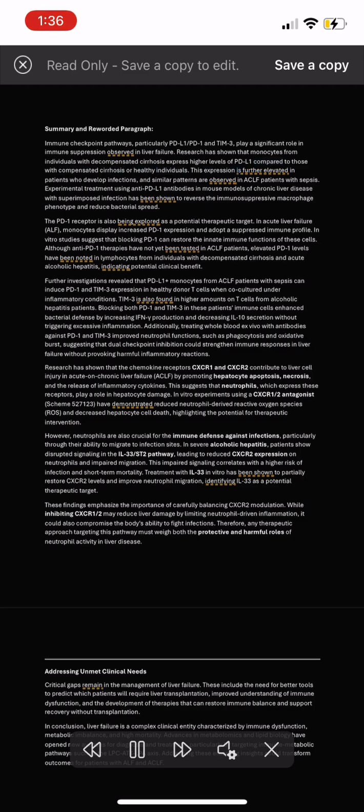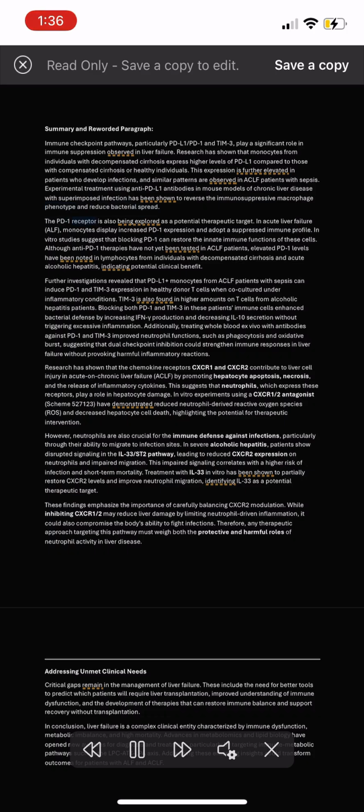This expression is further elevated in patients who develop infections, and similar patterns are observed in ACLF patients with sepsis. Experimental treatment using anti-PD-L1 antibodies in mouse models of chronic liver disease with superimposed infection has been shown to reverse the immunosuppressive macrophage phenotype and reduce bacterial spread.